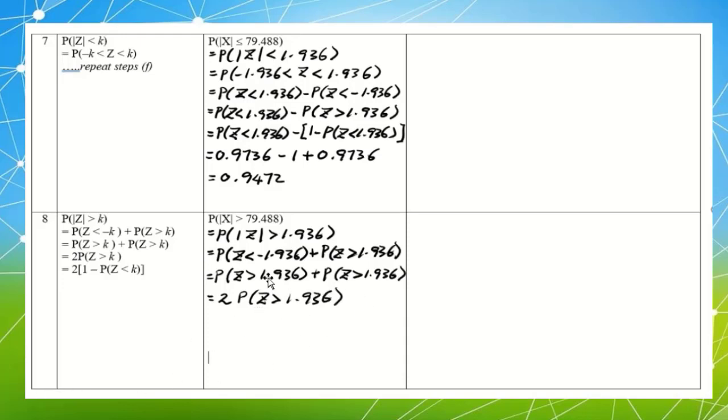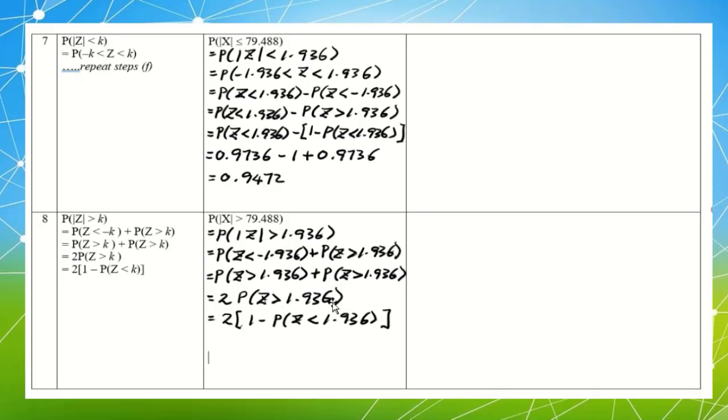Now I'm still not ready to use the table because this is greater than. So I'm going to change the greater than into less than by using 1 minus. I get 1 minus the probability z less than 1.936.